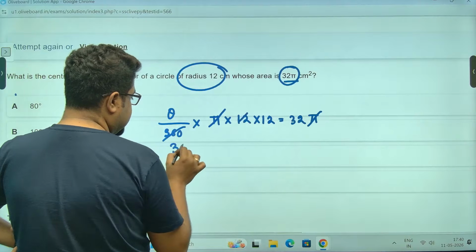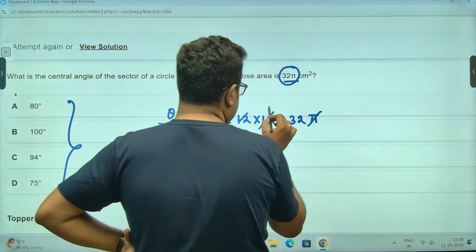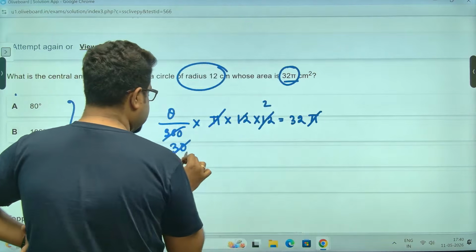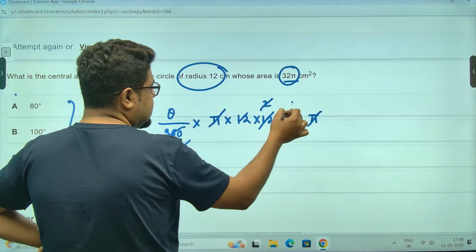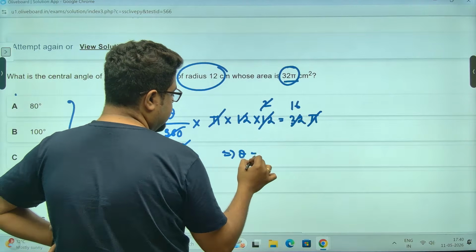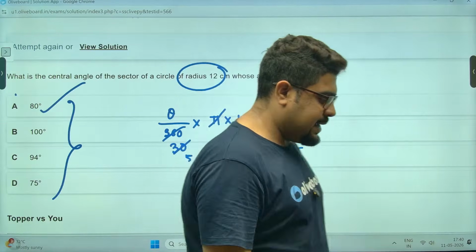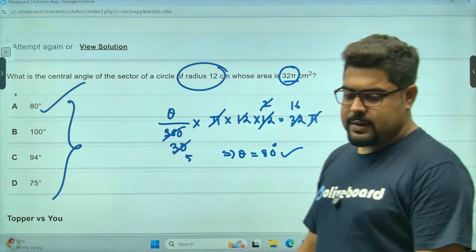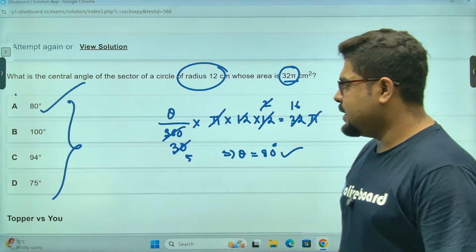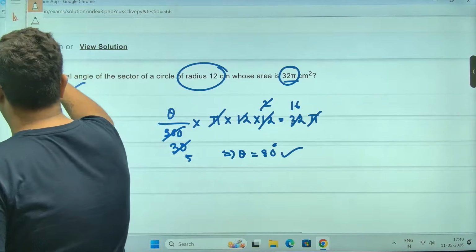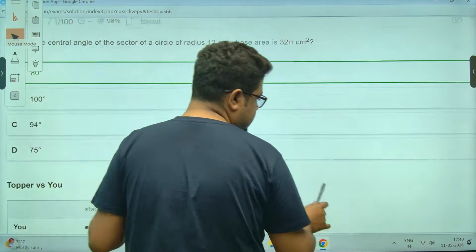This is 30. 6 2s, 6 5s, 16. 16 5s are 80. Theta is 80 degrees, option A. Just see this, very simple. Done? Let's move on.